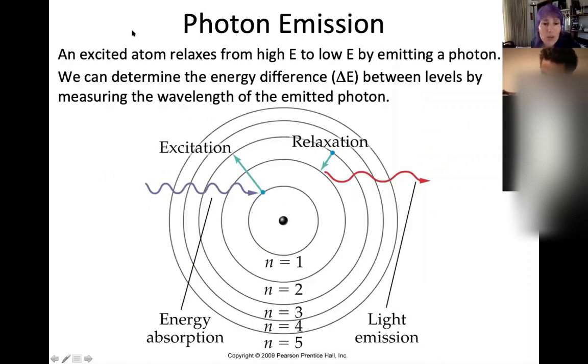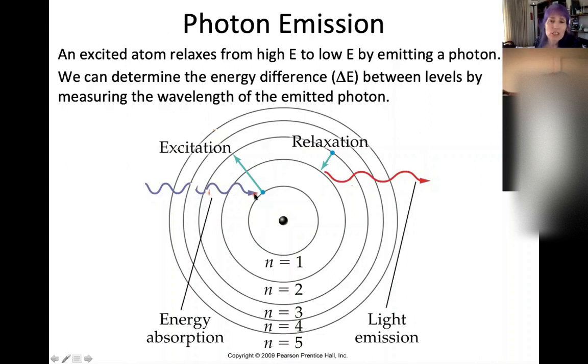And from it, we get this kind of model. So in here, some of these will be familiar. This is the nucleus. The nucleus is very small. It's got all the protons. So now we're talking about the electrons in the outside area. This was for hydrogen. We can excite those hydrogen atoms up. So here's the excitation.